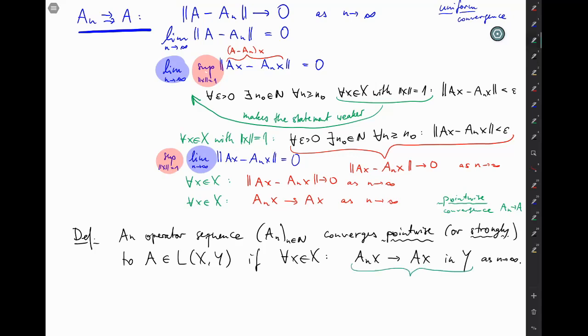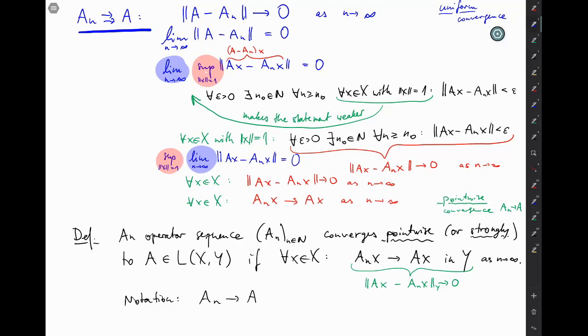And if you want, you can spell this out like this, of course. As a notation for strong convergence, we will use the convergence with just one simple arrow as opposed to the two arrows from uniform convergence, which is stronger than the strong convergence.